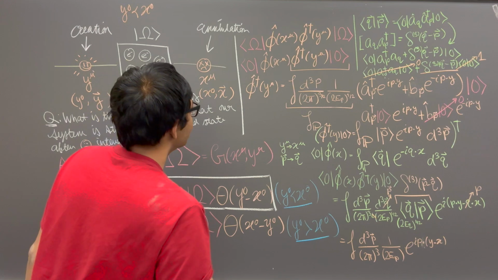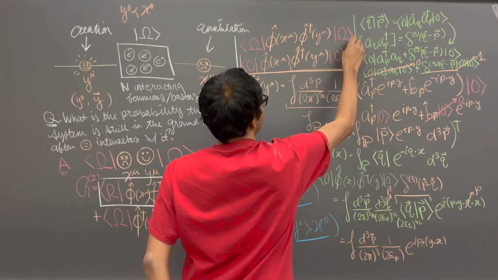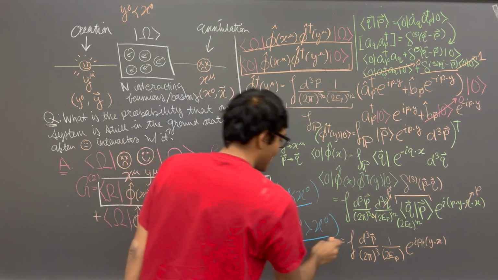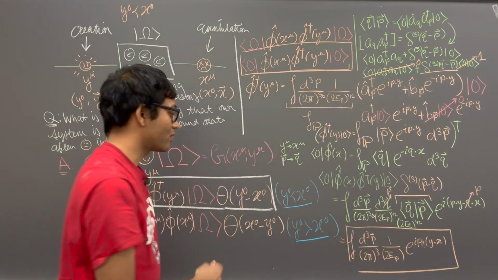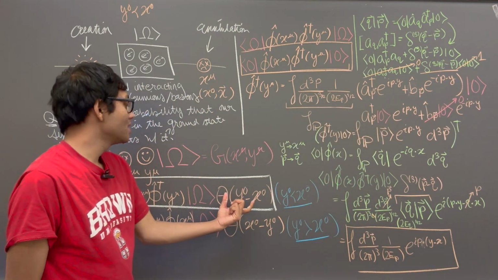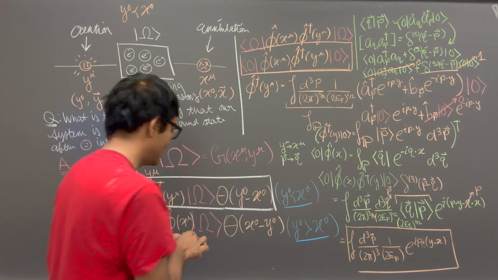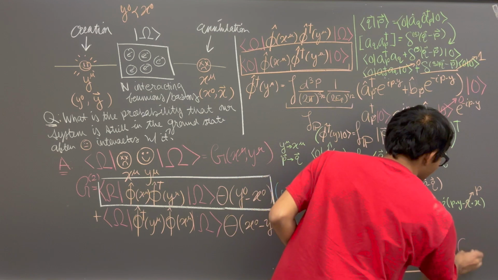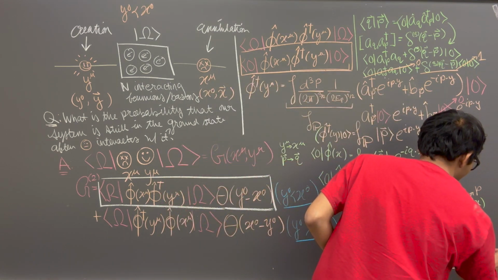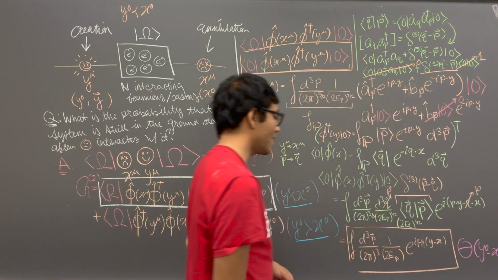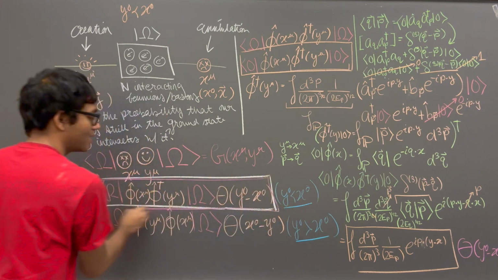So that means that this vacuum expectation value right here is equal to this integral over here. And of course, don't forget, all I have to do now to write out this term is just add on my Heaviside function to enforce causality, y⁰ minus x⁰. Okay, so that would represent the first term of my Green's function right here.